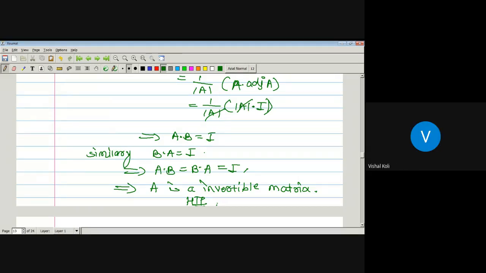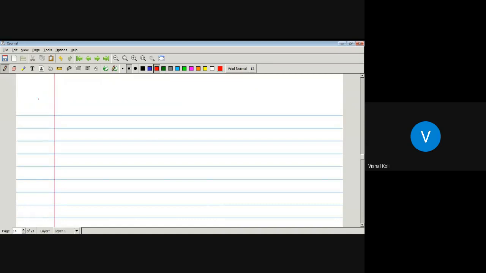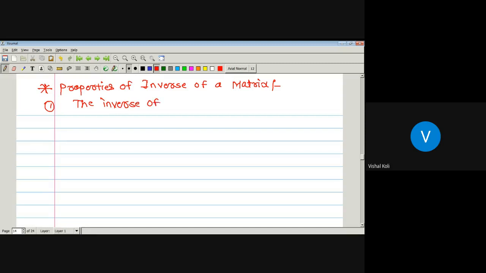Now there are some properties of inverse of a matrix. First one, the inverse of a matrix is unique.